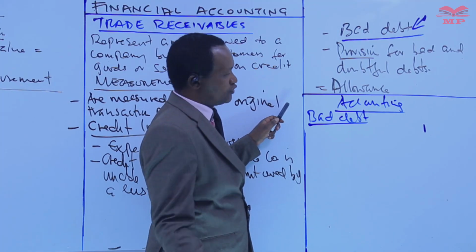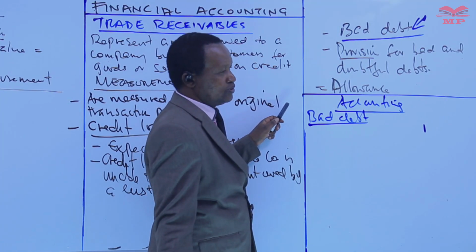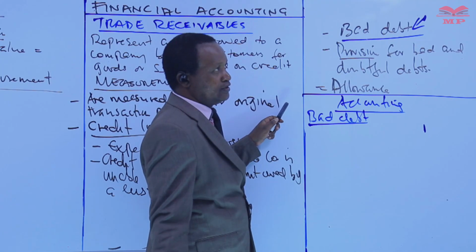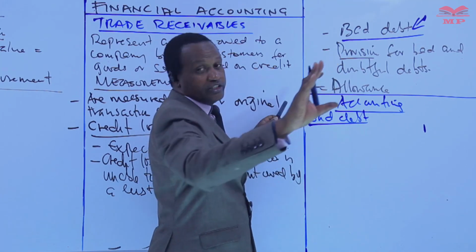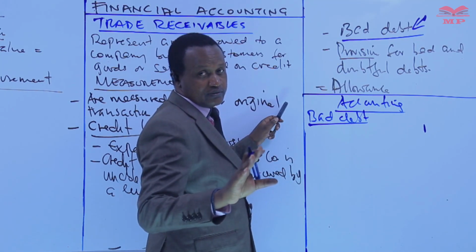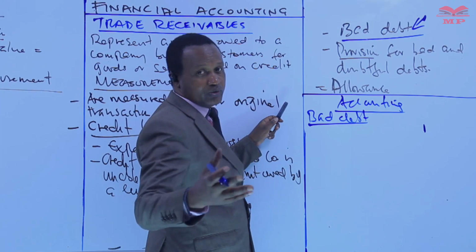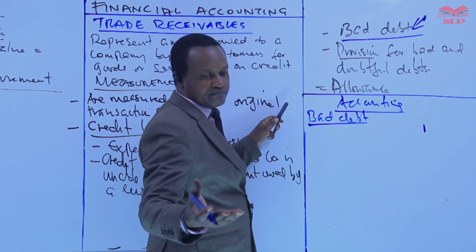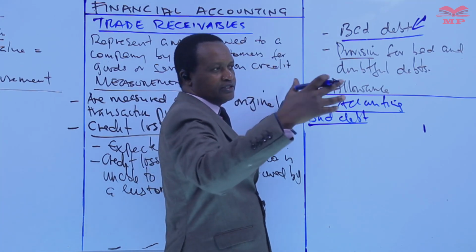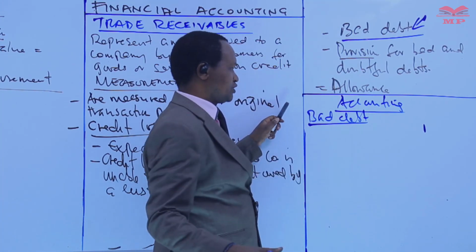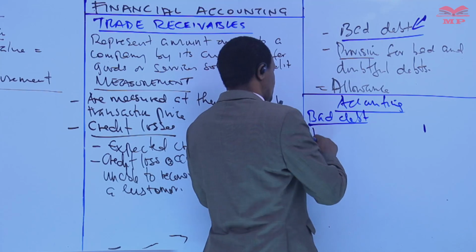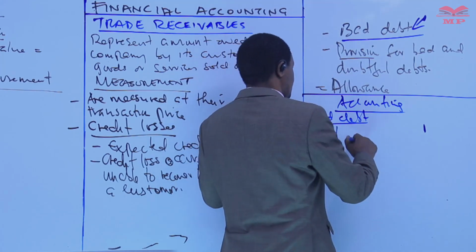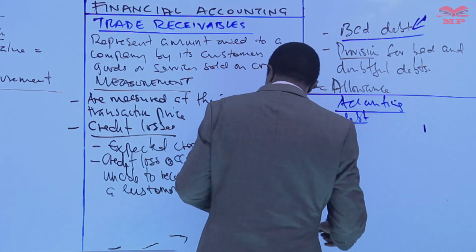To account for a bad debt, we credit the trade receivable account with the amount owing. Then we debit the profit and loss account. So the P&L account is debited.